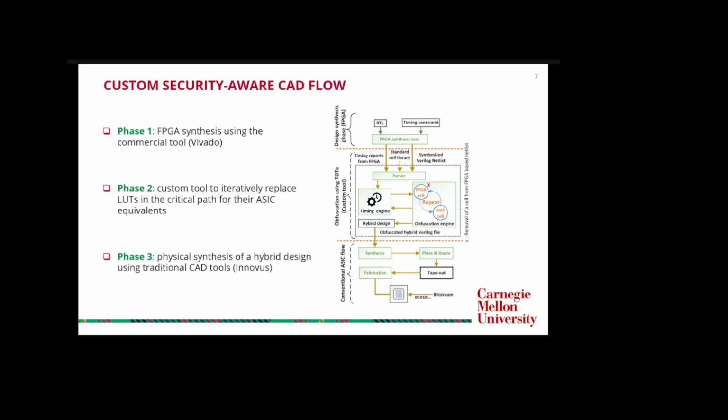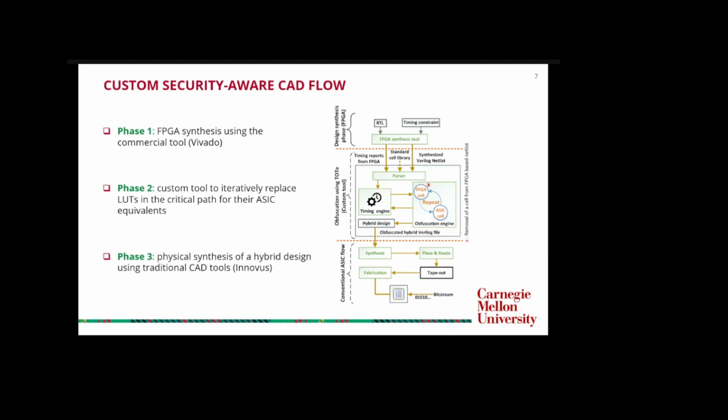We take user-provided obfuscation criteria. It means that we start from the extreme case that we have fully FPGA, and then we start replacing, from the critical path, the lookup table, which is the slowest cell, with the ASIC cell, which is actually a standard cell.